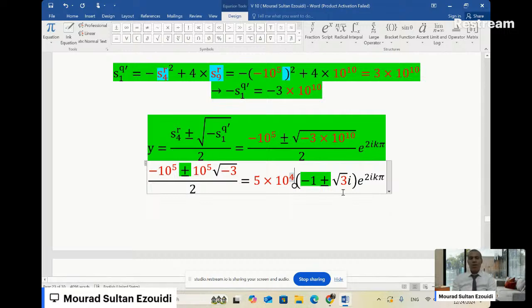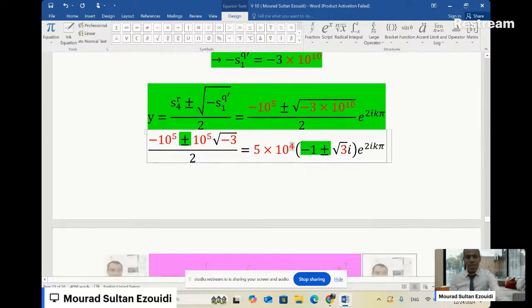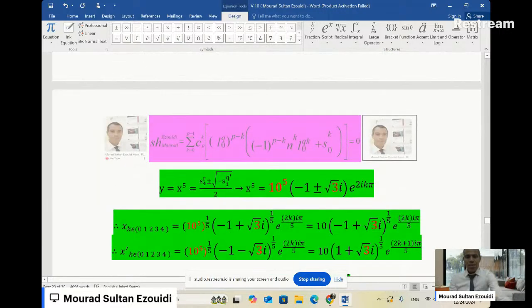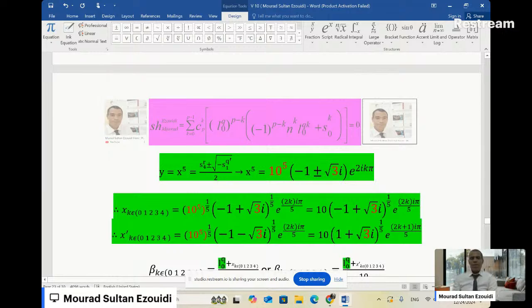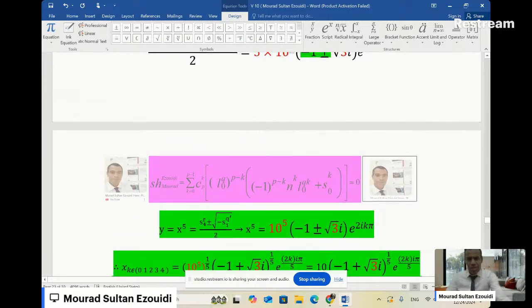Okay, now we will use this fact. I will take one positive and then the other should be negative. So therefore, this is the coefficient. This is 1.